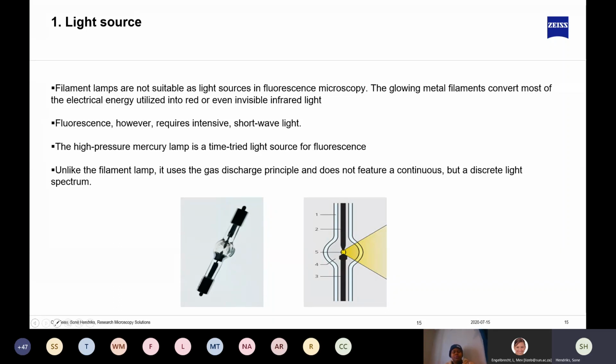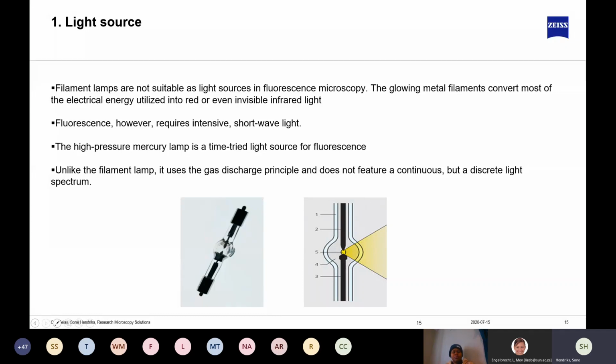Some of the disadvantages of working with mercury pressure lamps is that these lamps need to warm up before you can start using them. You typically have to switch on a mercury lamp and wait for anywhere between 20 and 30 minutes to build up enough pressure so that it gives you quite a strong, consistent light.